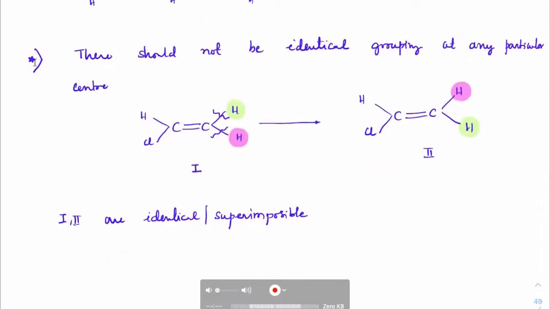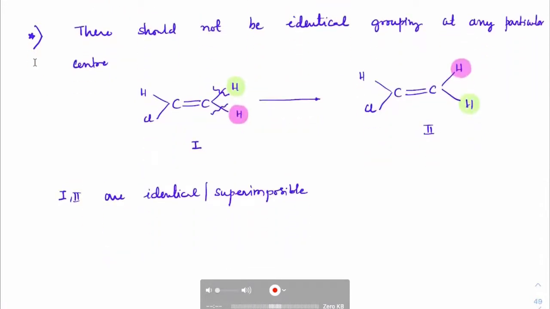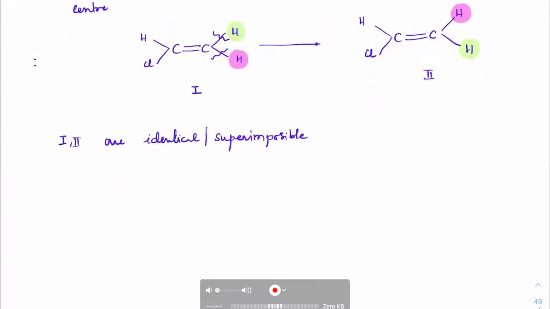Everybody got this idea? So to show geometrical isomerism, these two groups should not be same. They have to be different groups. Then only after making the bonds, we will have a difference in their energies. I think all of you understood that. Yeah. So these are very important pointers from the geometrical isomerism point of view.